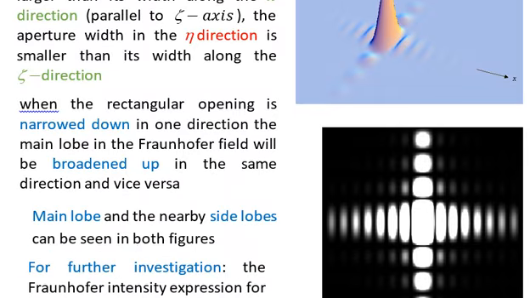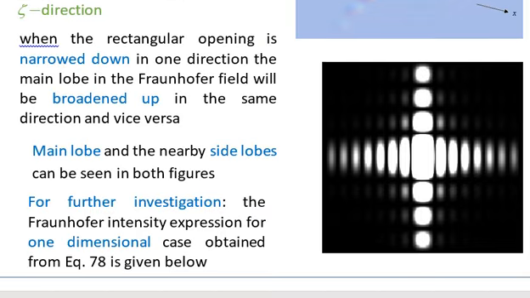The two-dimensional plot is also shown over here because we wanted to appreciate the side lobes, which are now prominent. So the main lobe and the side lobes are also prominent in the second row, which is in black and white. So when the rectangular aperture is narrowed down in one direction, the main lobe in the Fraunhofer field will be broadened in the same direction and vice versa.